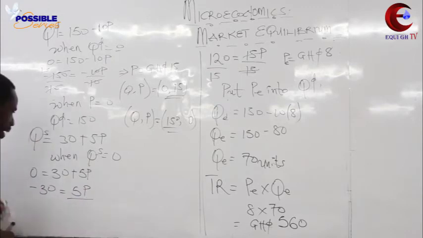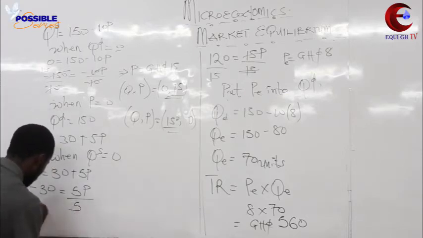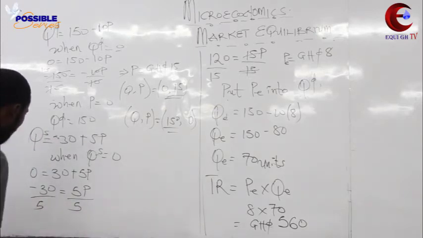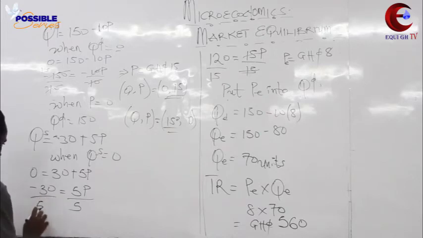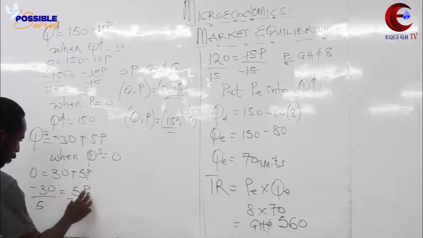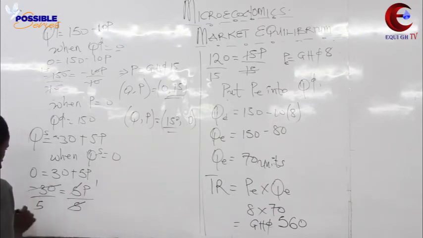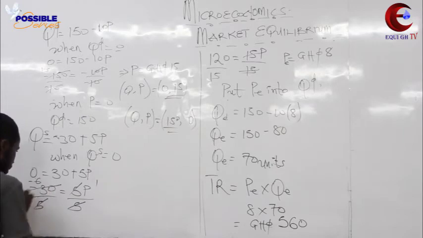I will divide both sides by 5. Negative 30 divided by 5 is negative 6.